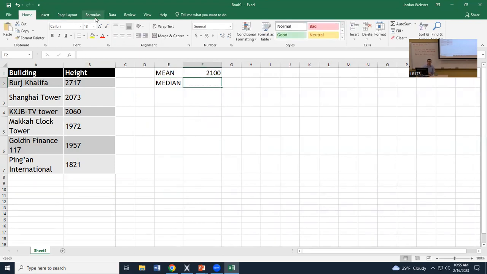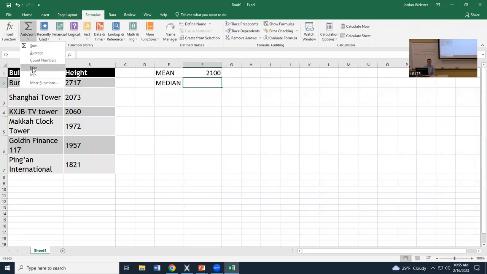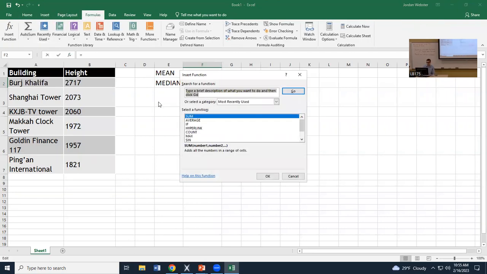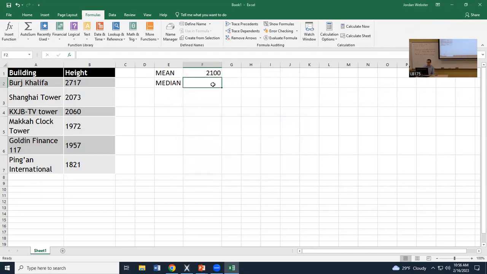Now let's look at the median. You can either keep looking up in the formulas. So you just go to the formulas and then you try to look for a function. Sometimes median. There you go. Median. If you don't want to go to the formulas, then a lot of times you can just go equals median.